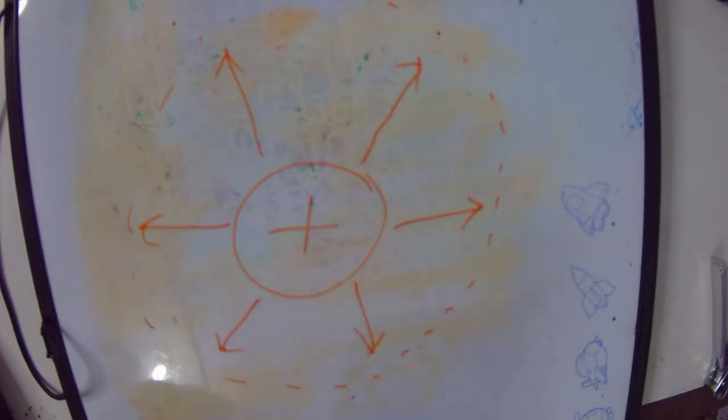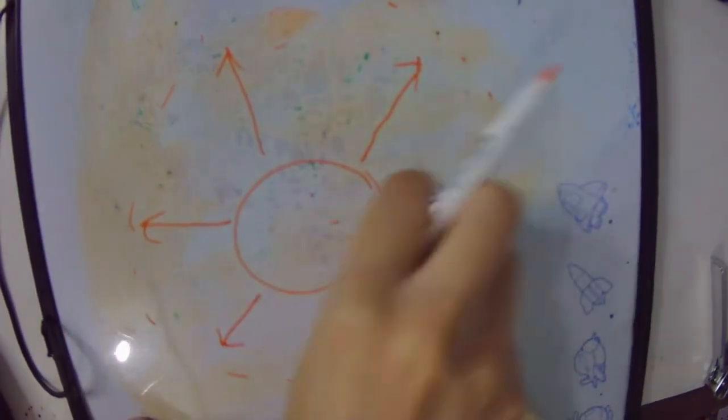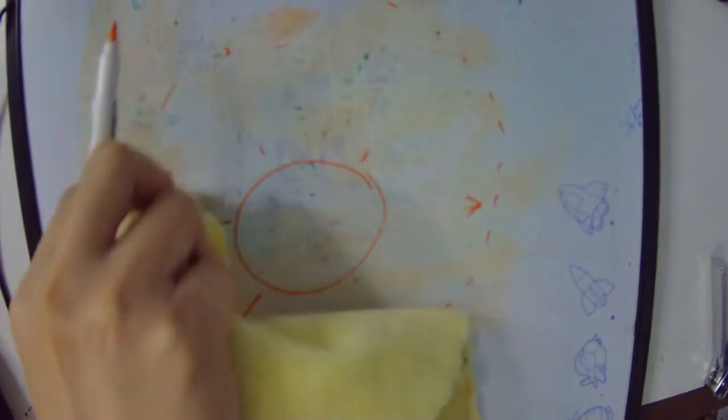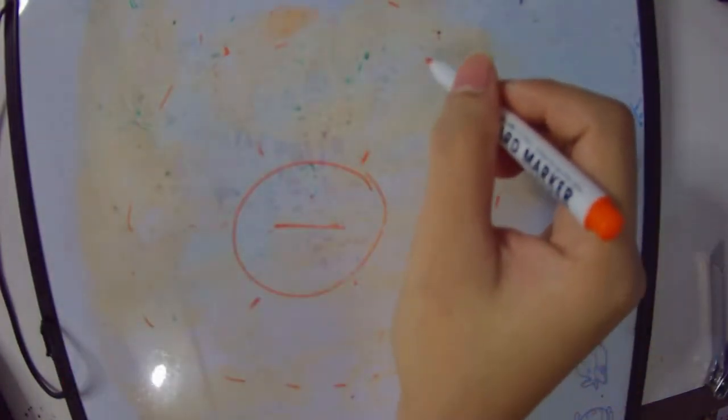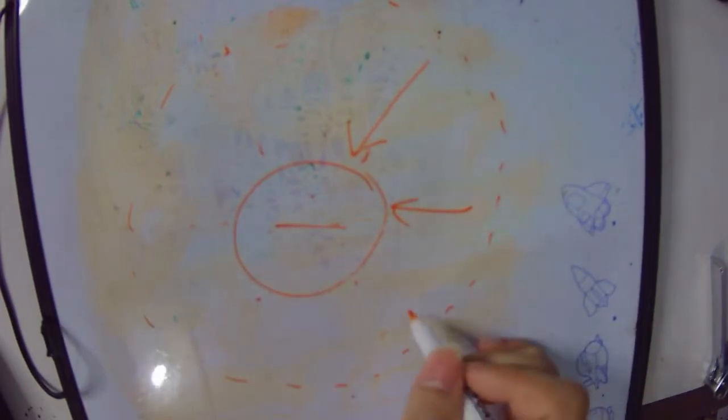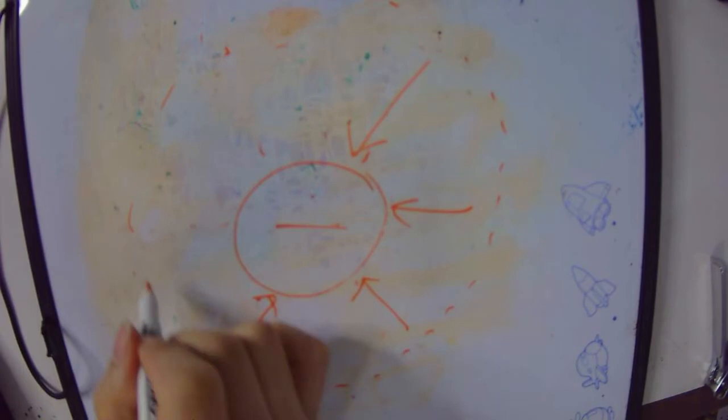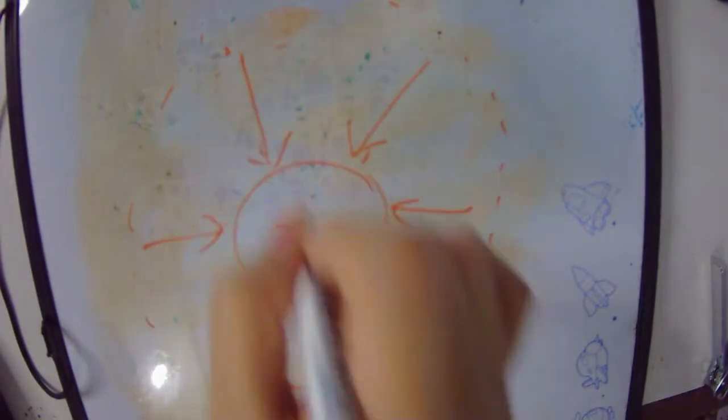While if it's a negative charge, on the other hand, the same thing, a negative charge also has its own electric field, but instead of going outwards, this time the electric field lines are going inwards. So if it's positive, it's pushing out. If it's negative, it's pulling in.